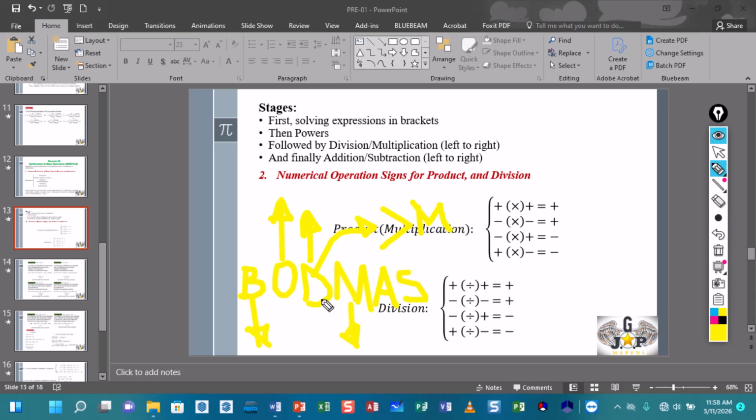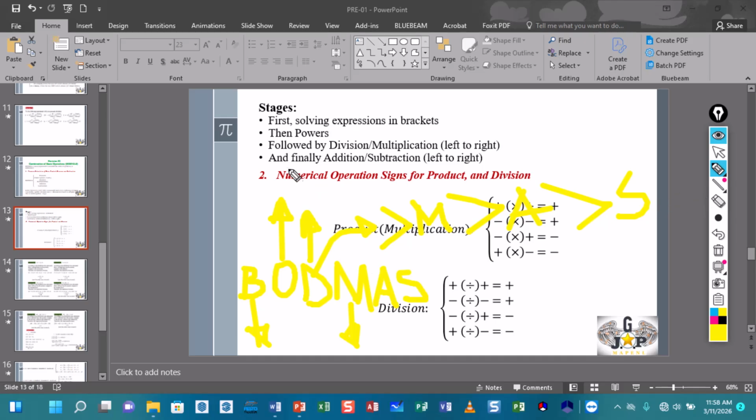The division is greater than the multiplication, and the multiplication is greater than the addition, and the addition is greater than the subtraction. That's how you have to see it. So whatsoever is greater, you start with that one in your operation. Got it, right? So that's how you do it.